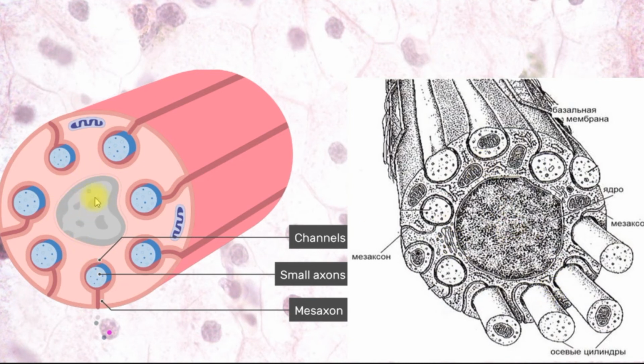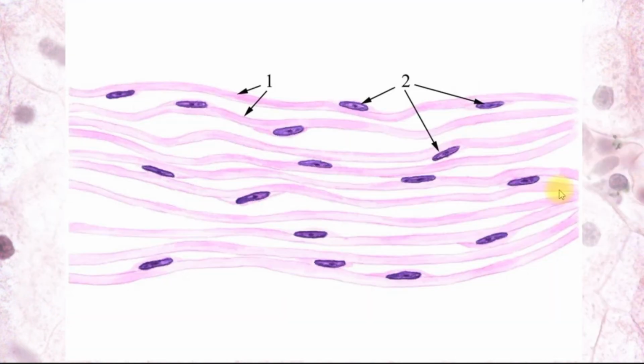Here we can see this cell, and axons or dendrites are present inside this cell. And here you can see mesaxons, double membranes of the Schwann cell where they communicate with each other. So it's the structure of unmyelinated nerve fibers.